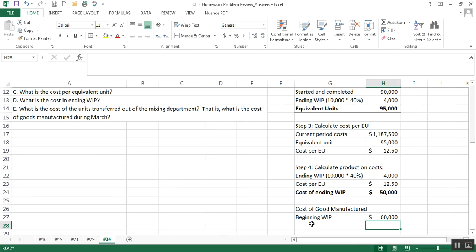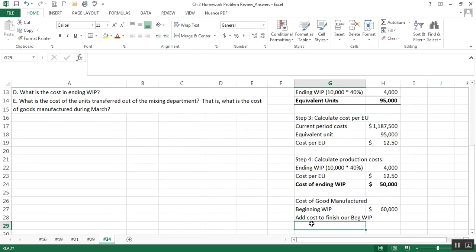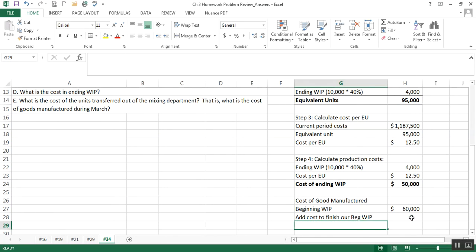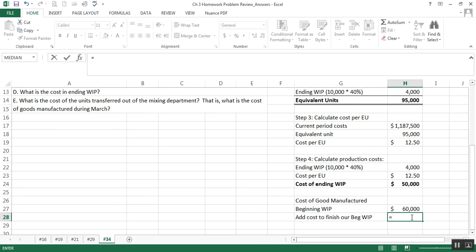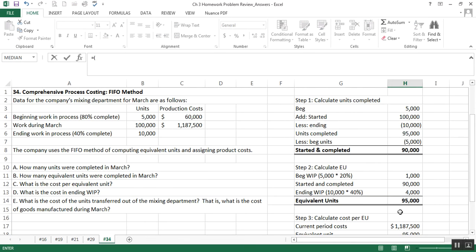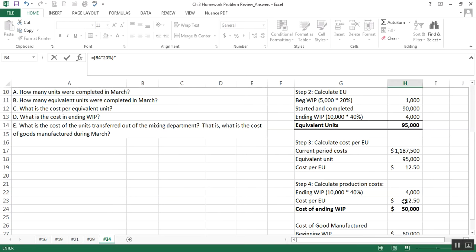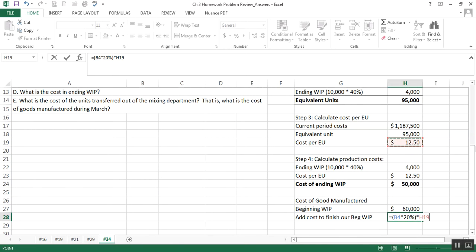Then we're going to add the cost to finish our beginning WIP. So this is where we take our 5,000 units times 20% that we need to finish times our cost per equivalent unit.